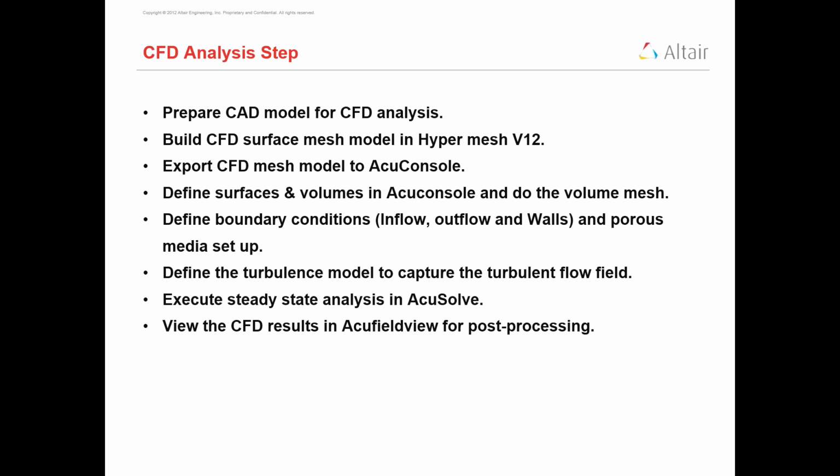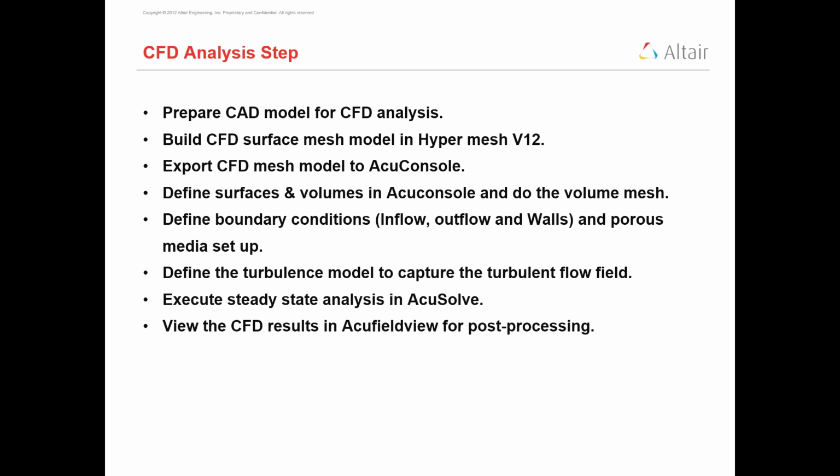So what are the basic CFD analysis steps followed? Prepare the CAD model for CFD analysis, then build a surface mesh in HyperMesh, then export the surface mesh in NAS format. Then define the surface mesh and volumes, the boundary conditions, whether inflow, outflow, something like that.